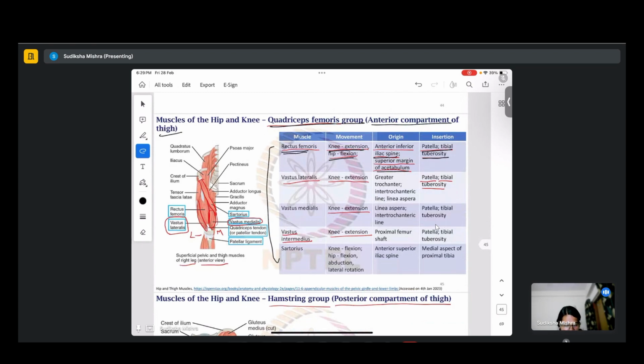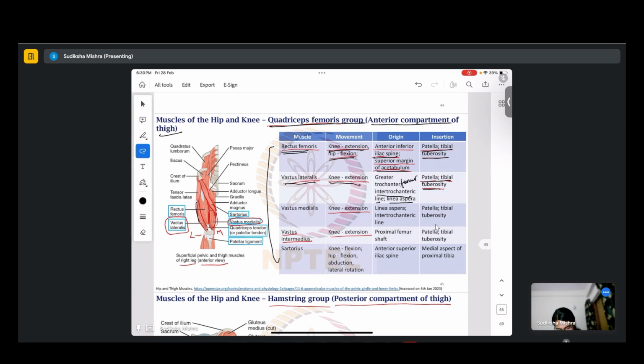Next muscle is the vastus lateralis, which is responsible for knee extension. It originates at the greater trochanter, which is in the femur, intertrochanteric line, again in femur, and linea aspera. It also inserts into patella and tibial tuberosity here.